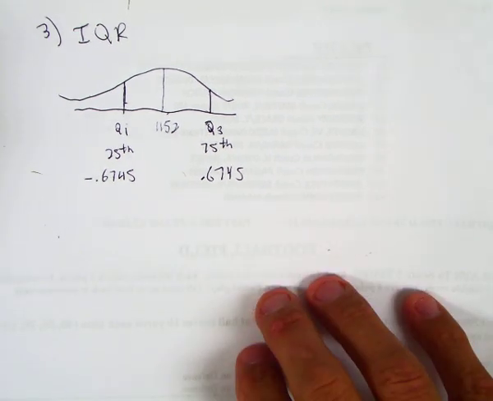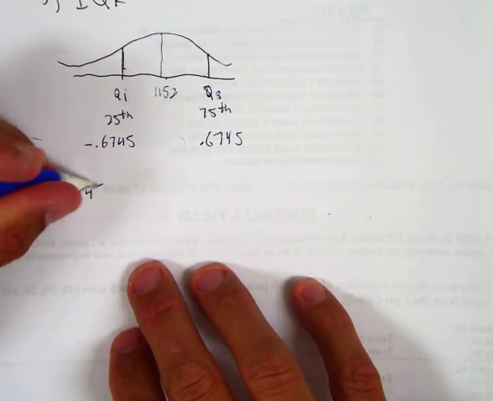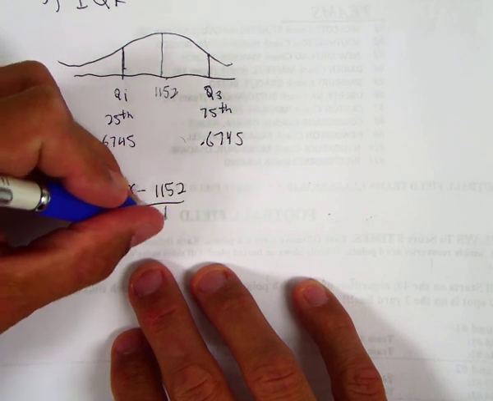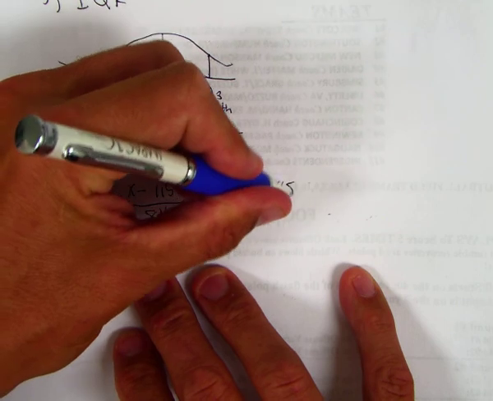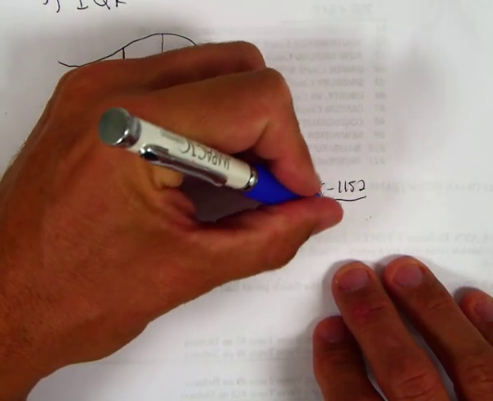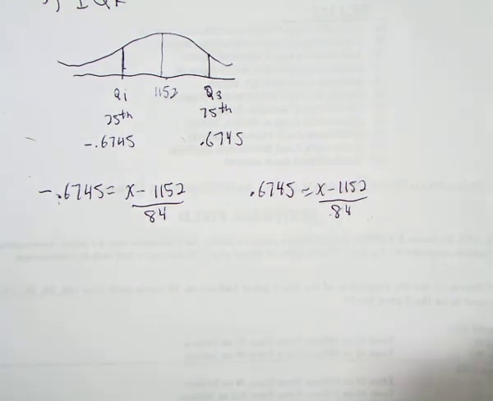So now I have to set up two equations. So I do negative 0.6745 equals x minus 1152 over 84, and then I do positive 0.6745 equals x minus 1152 over 84. Okay? So let's do the one on the left first.